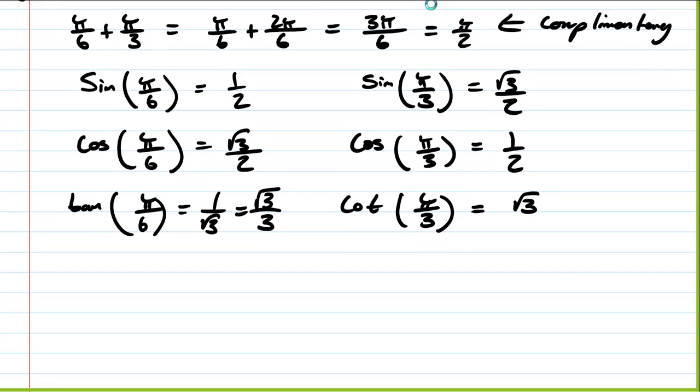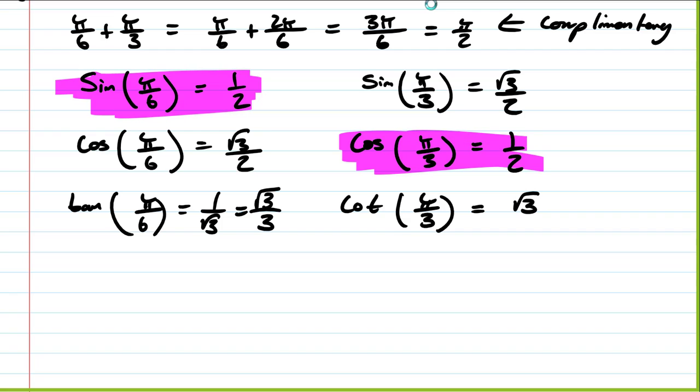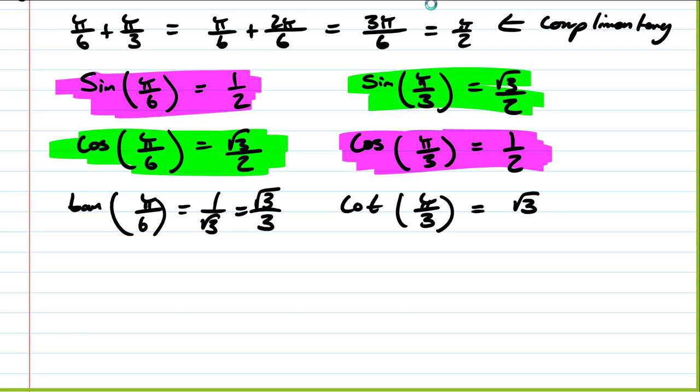So what do we notice about each of these? So the sine of pi over 6 equals 1/2, and the cosine of pi over 3 equals 1/2. The cosine of pi over 6 equals root 3 over 2, and the sine of pi over 3 is equal to root 3 over 2.